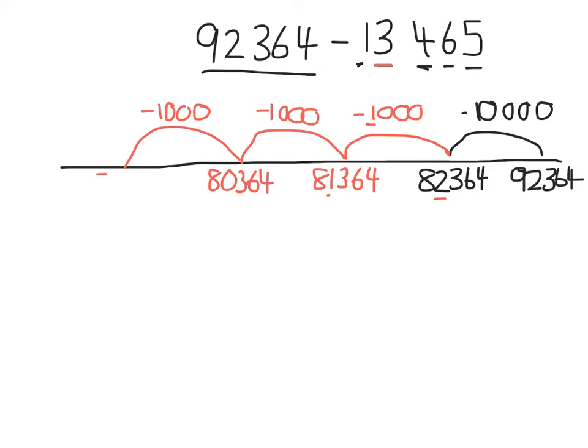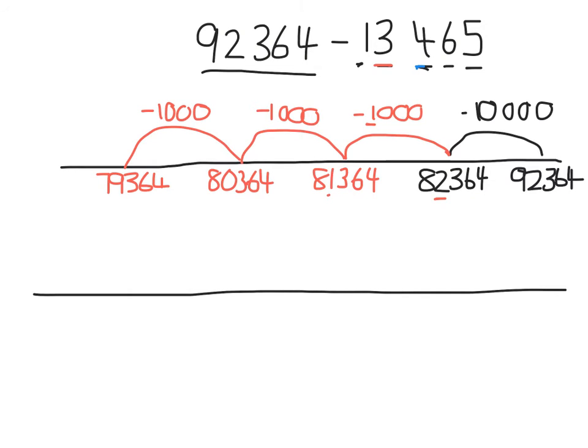So it's going to be 79,364. All right. Then I need to take away my hundreds. So I've got 4 hundreds here. Now I've run out of room on my number line, so I'm going to make another number line just underneath.